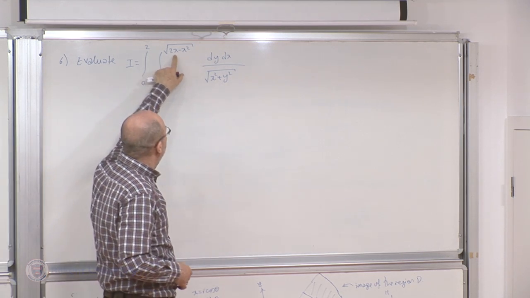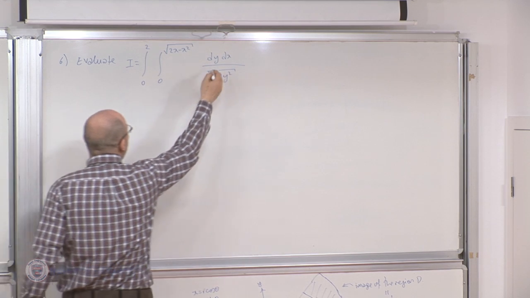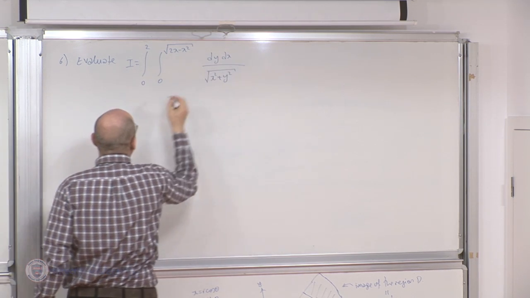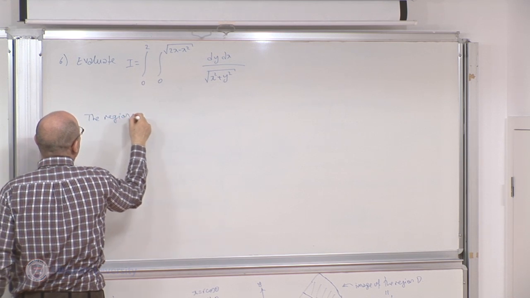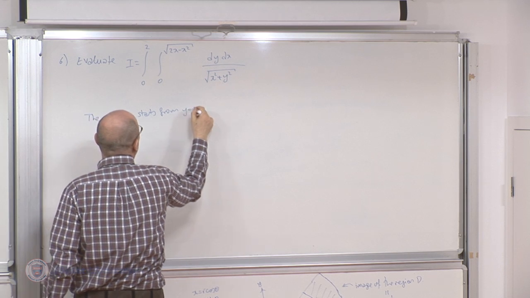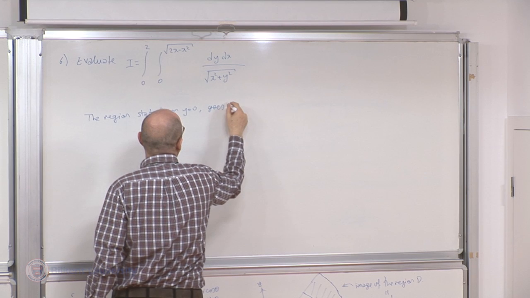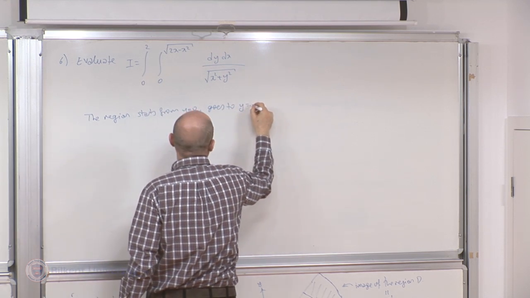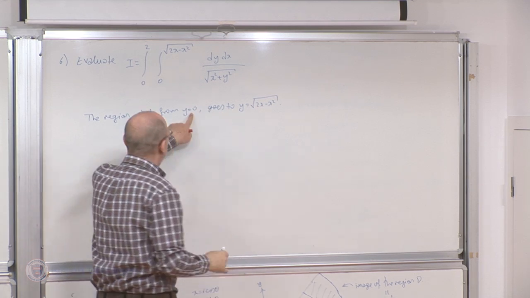So this is a circle. You see, I'm integrating with respect to y. So the region starts from y equals 0 and goes to y equals square root of 2x minus x squared. Everybody understands this.